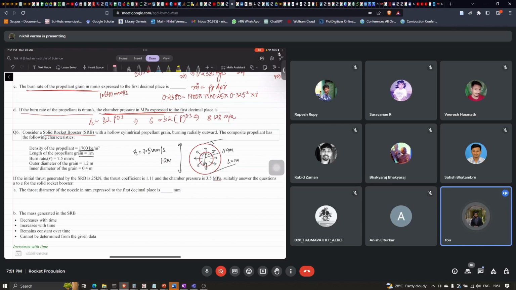If the initial thrust generated by the SRB is given, CF is given, chamber pressure P naught is given, it is asked what is the throat diameter of the nozzle. Okay, so how will you calculate?